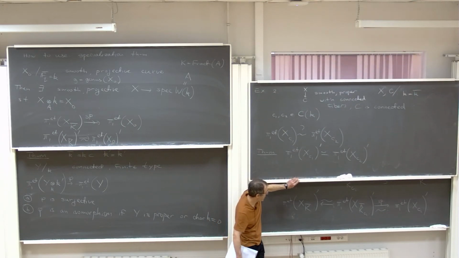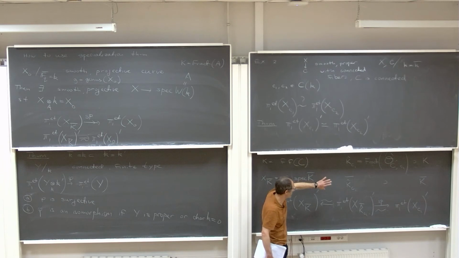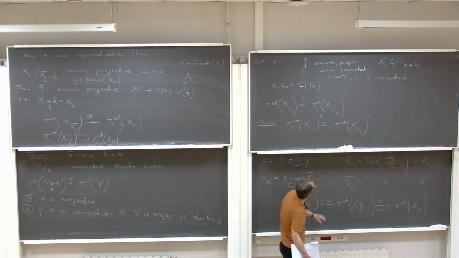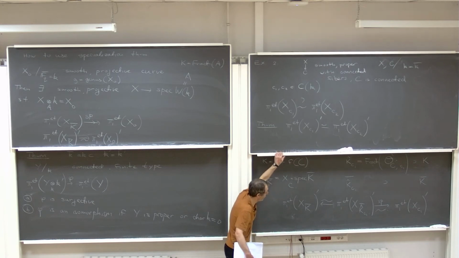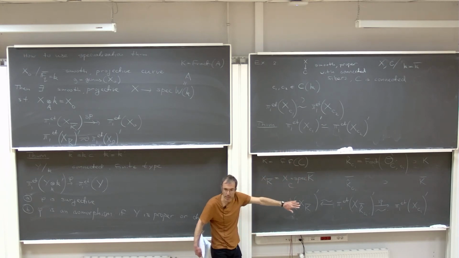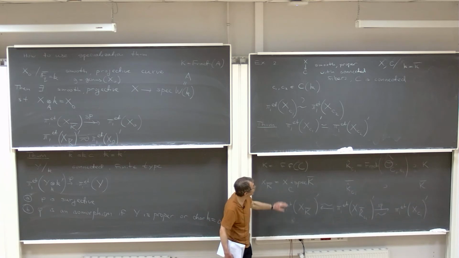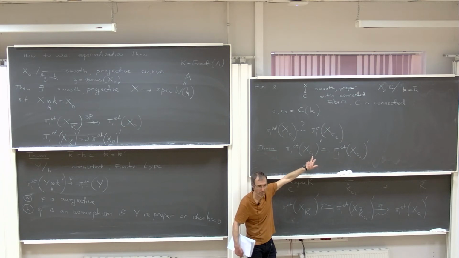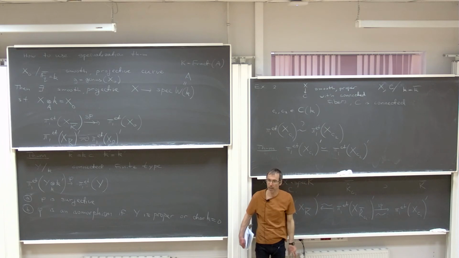As you see, it's not canonical. It depends on some embeddings like this. If you are careful about choosing these embeddings, you may show that this isomorphism is canonical, provided that you choose an étale path joining these two points. What is an étale path? You have a scheme and two geometric points.